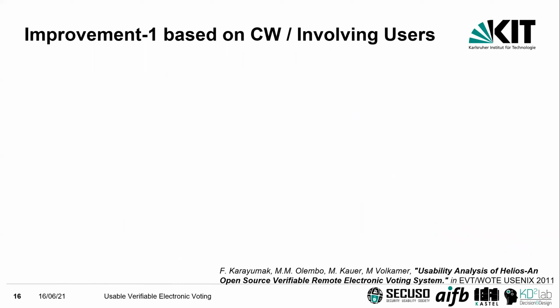So what we did, first of all, is something we call a cognitive walkthrough. And we did so in order to identify steps in the original interface in which people were likely to make mistakes, in particular if they are not security or election experts. In order to conduct such a cognitive walkthrough, we had meetings with different types of experts.